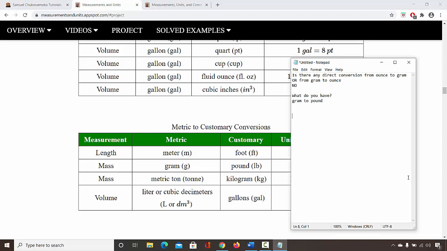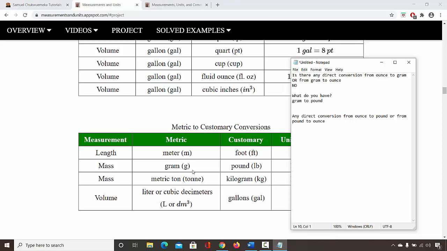So the next thing you ask them is, is there any direct conversion from ounce to pound or from pound to ounce, because you want to make that relationship.